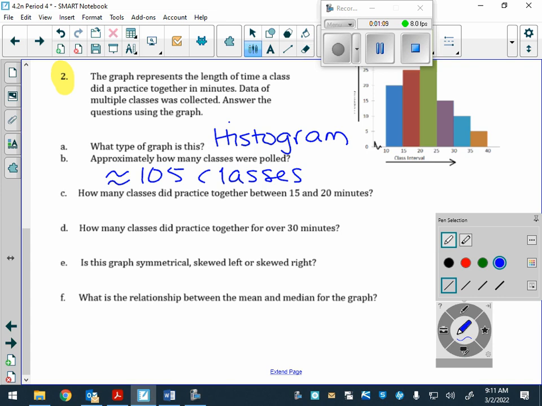Excellent. So how many classes did practice together between 15 and 20 minutes? Nick, what was it? Okay, 15 and 20. So class time interval is here. So what would be 25?